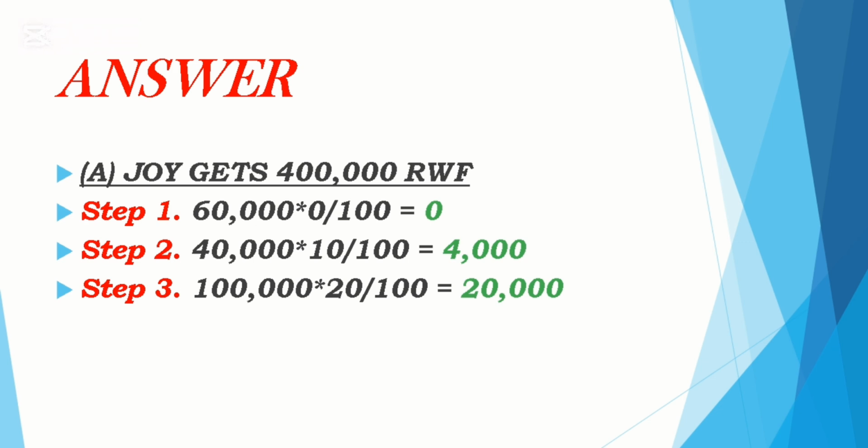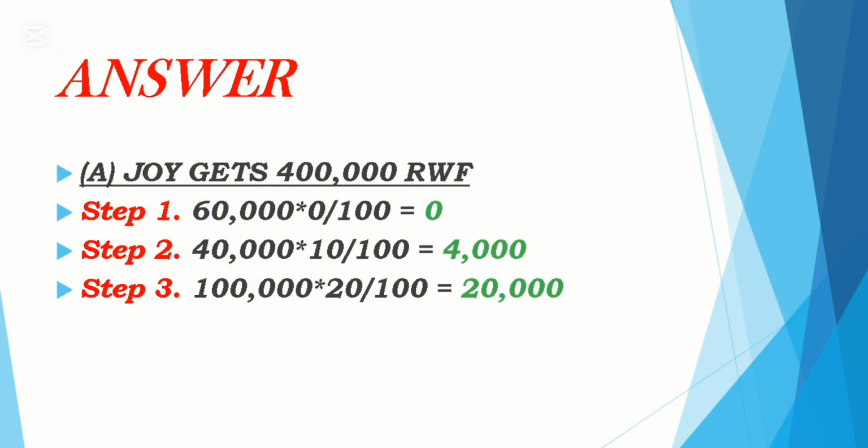So, because of the fact that the salary of Joy is greater than 200,000, we need to calculate the income that is beyond 200,000, which will be supposed to pay tax at 30%.